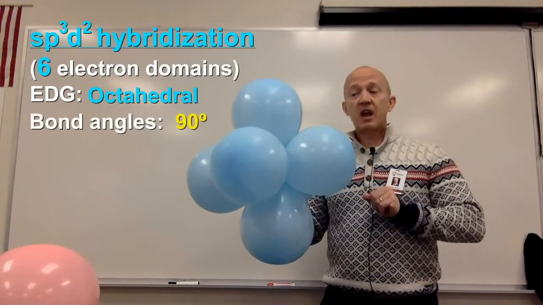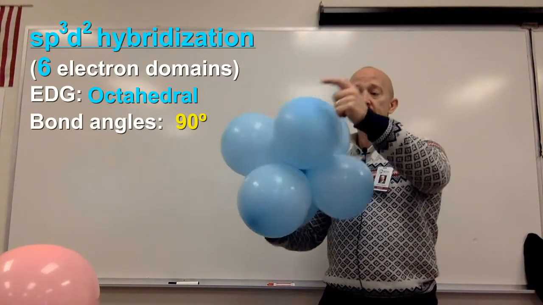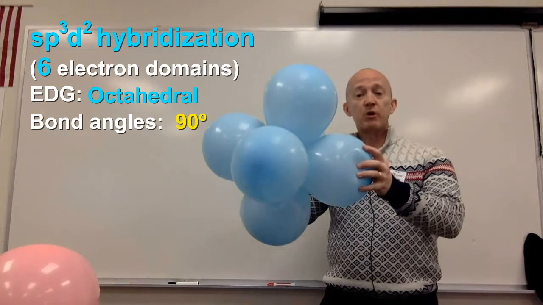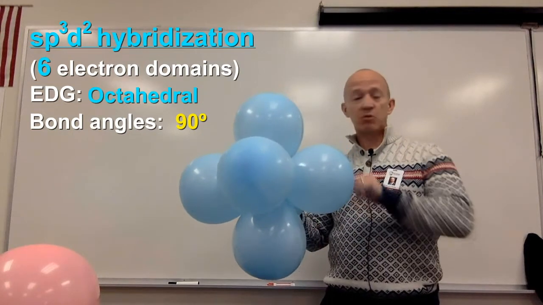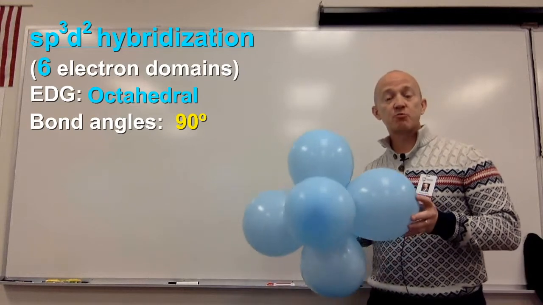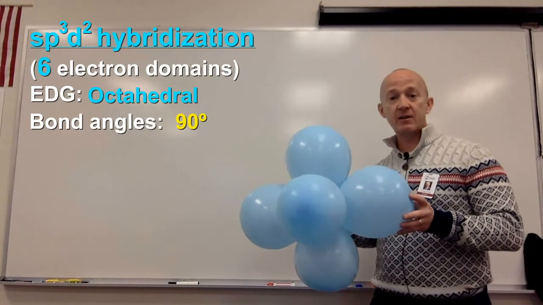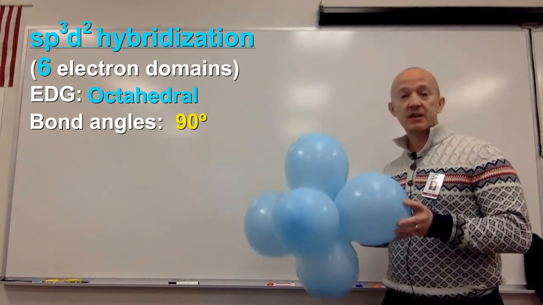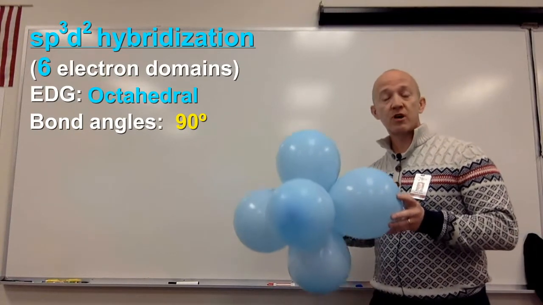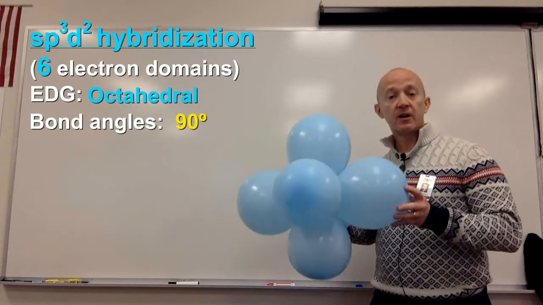For the octahedral shape, every one of the bond angles that we see on here is a 90-degree angle. It doesn't matter which way you look, each one of those bonds will be 90 degrees apart from the other. Therefore, anytime we have 6 regions of electron density around an atom, we say that that atom is in sp3d2 hybridization and has an electron domain geometry of octahedral.